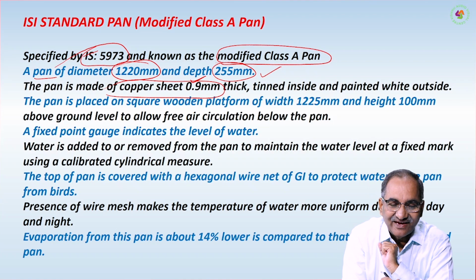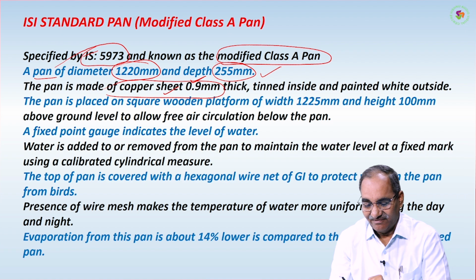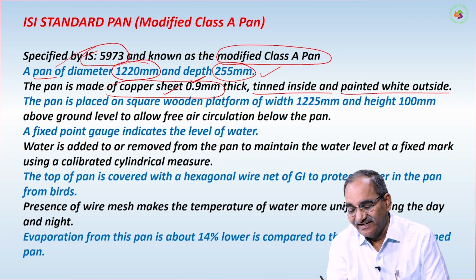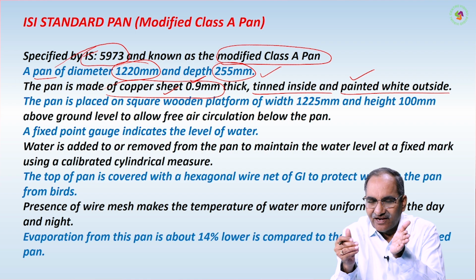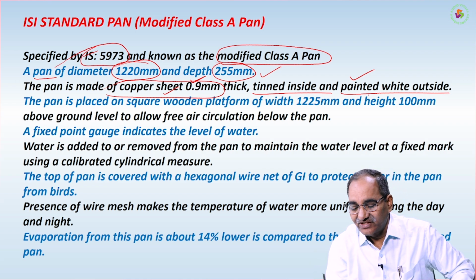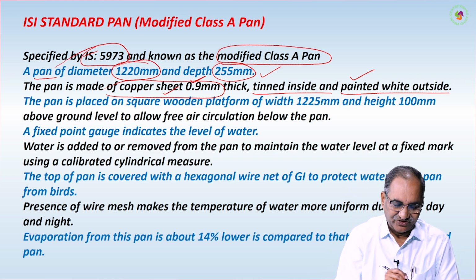Here the ISI pan is basically a copper sheet pan, and it is tinned inside and painted white outside. So the inside is tin colored, whereas the outside is painted white.